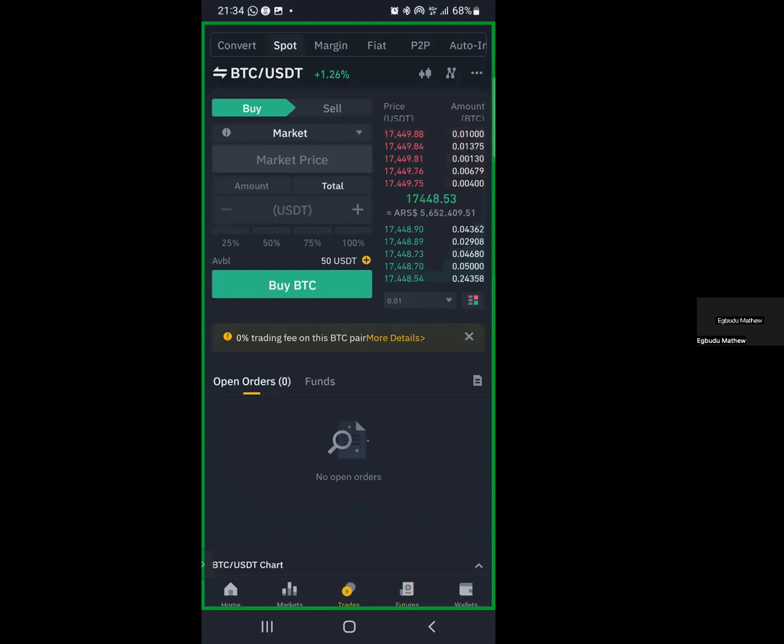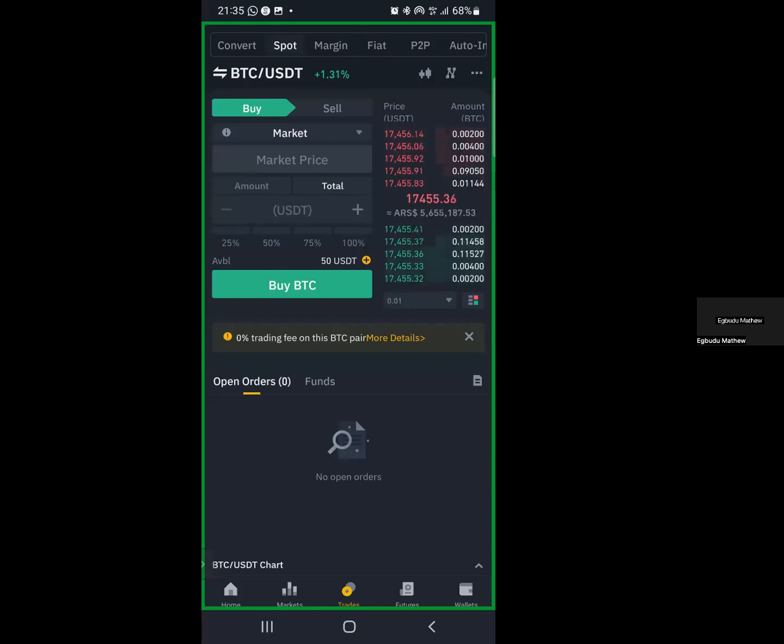Okay, so we are on the spot section of Binance. In the spot section, first you need to have your USDT in your spot wallet, and we have buy or sell.